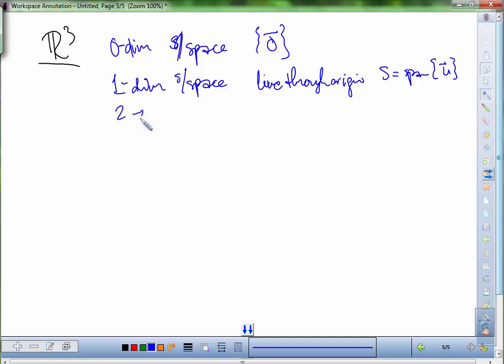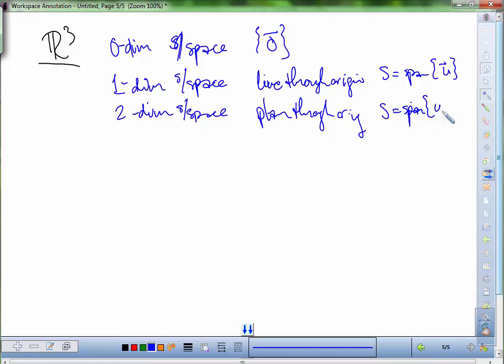Our two-dimensional subspace would be a plane through the origin, and we can think about that as a span of two vectors, u and v, as long as the vectors are linearly independent.